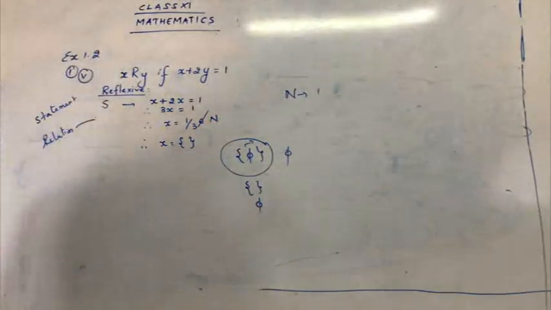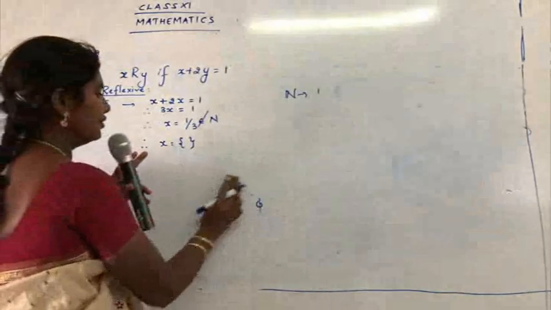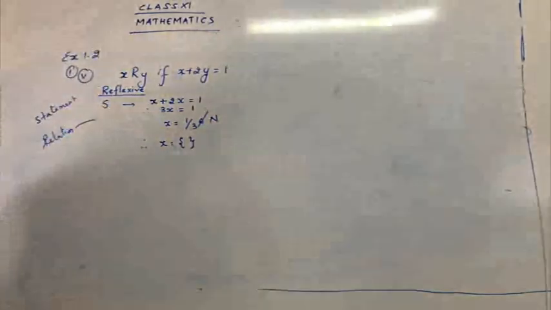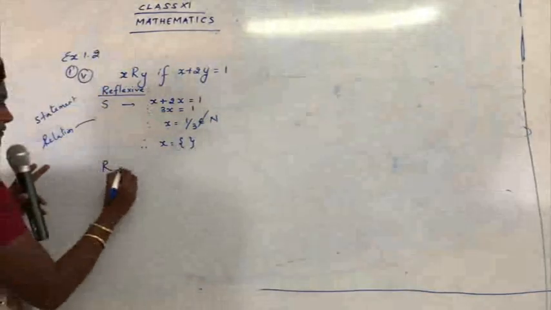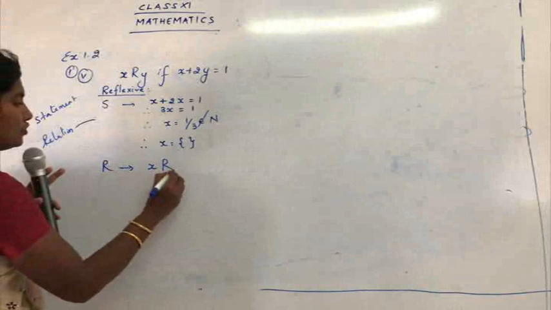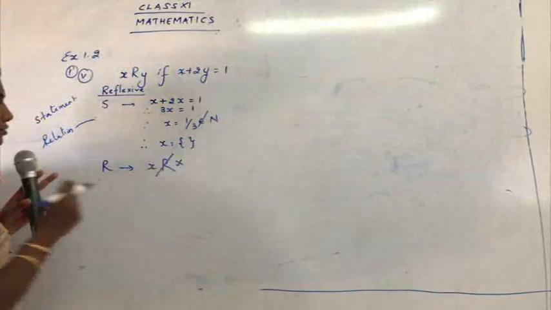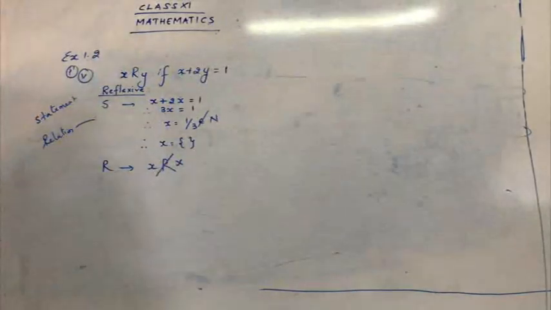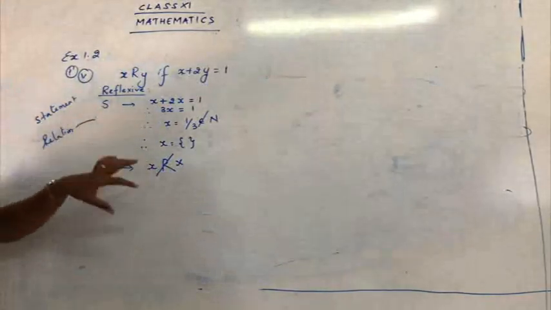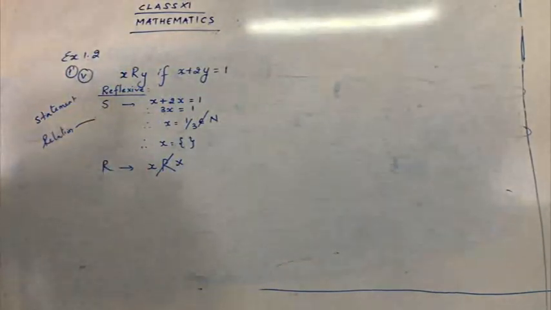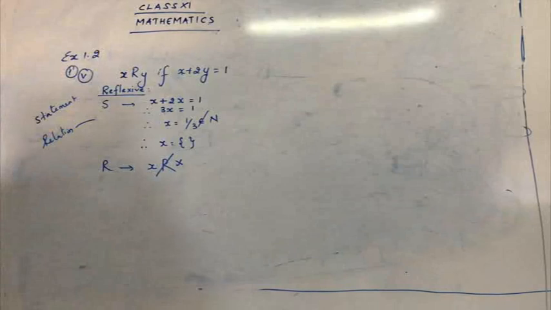So what's the value for x? X is empty. So what's the relation you're going to get from here? So I say relation: x is not related to x, because I got the value for x, but it was not from the set of natural numbers.